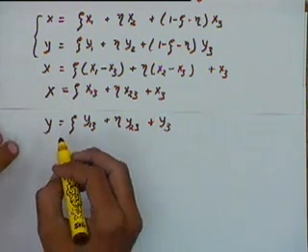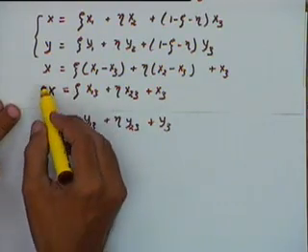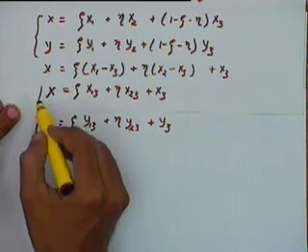Okay, so x is given by this, y is given by this relation.